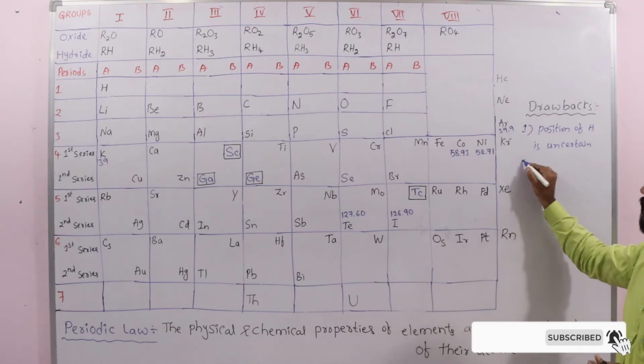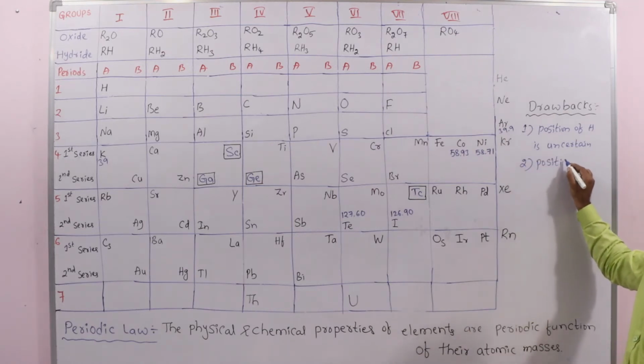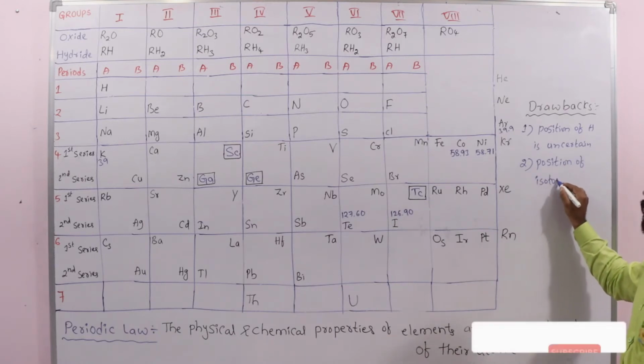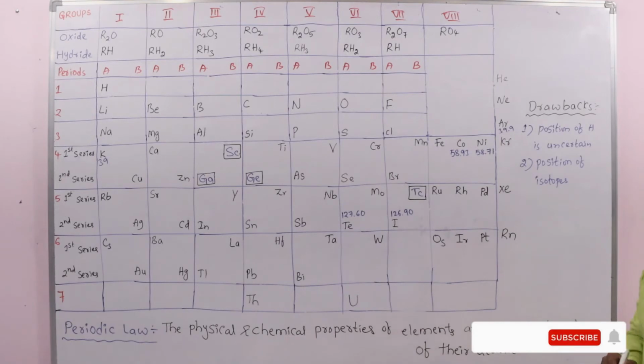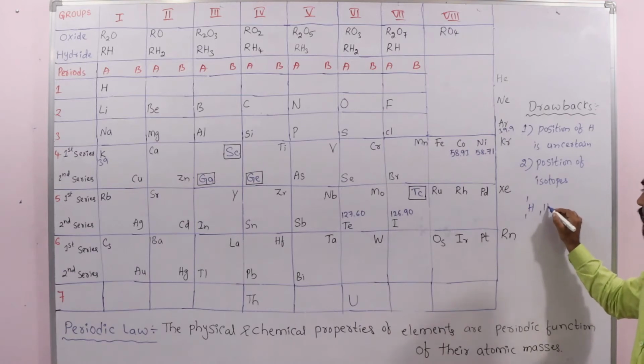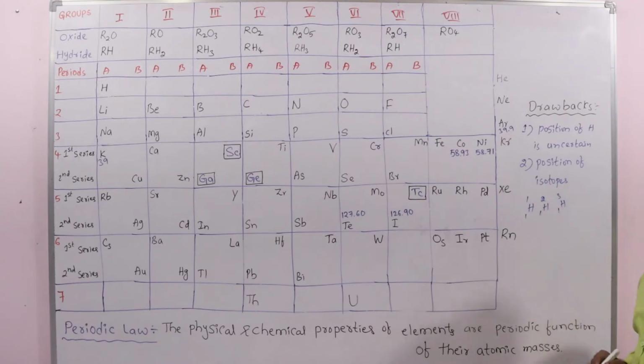The second one is the position of isotopes. For example, hydrogen exists in three isotopes: protium, deuterium and tritium.